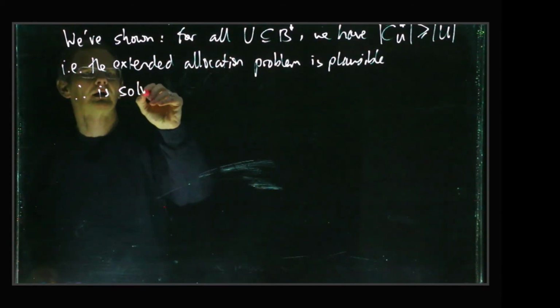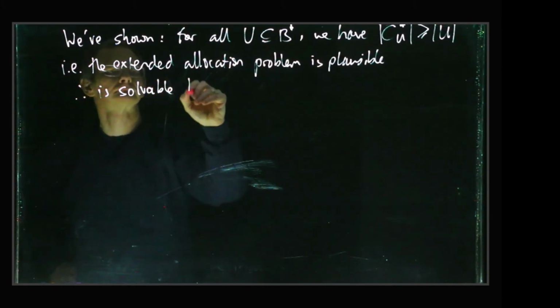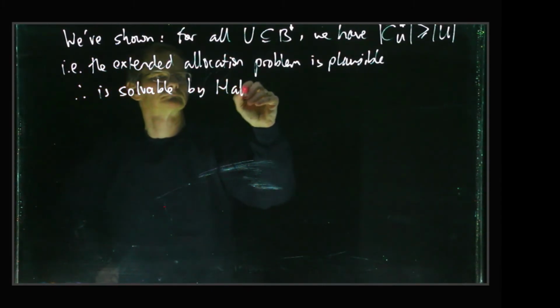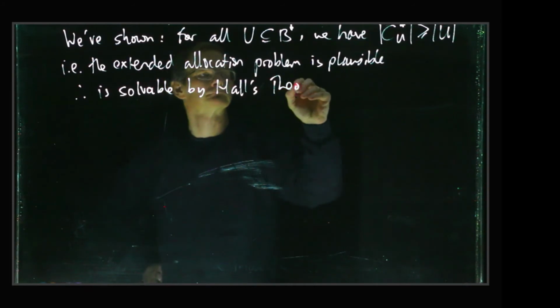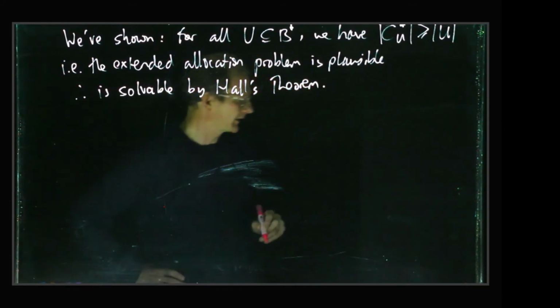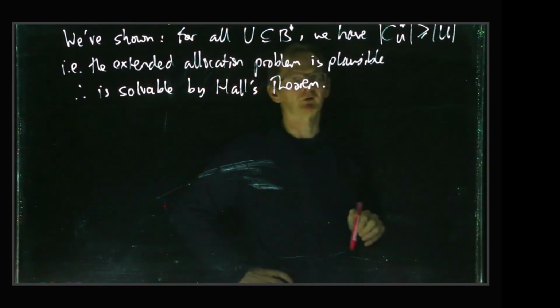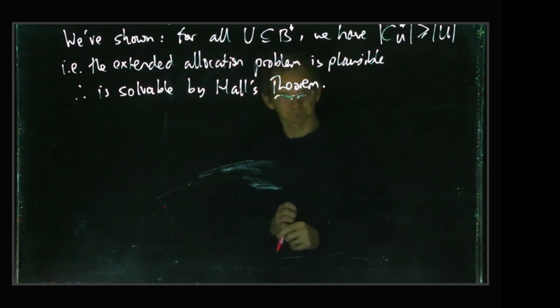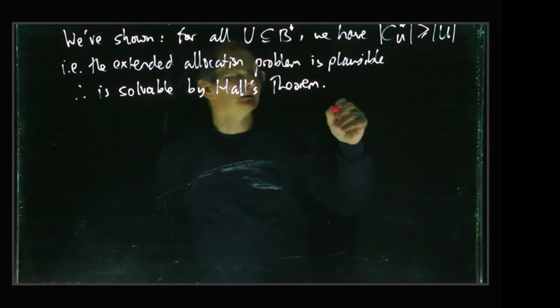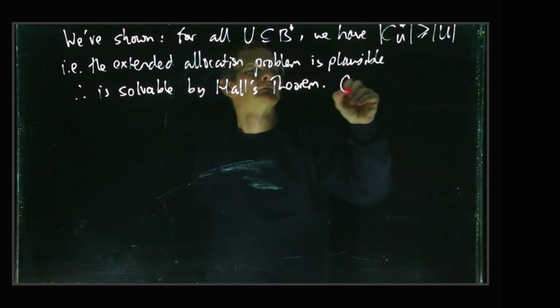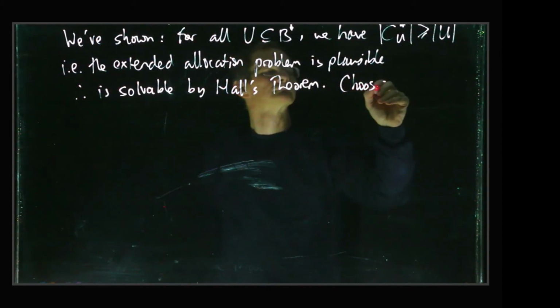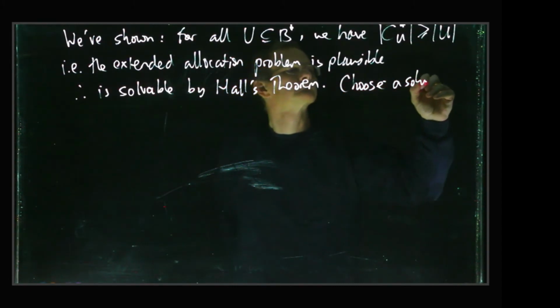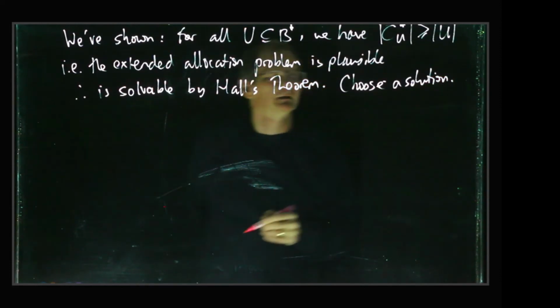And so by Hall's theorem, Hall's theorem tells us that this allocation problem can be solved. So we choose a solution.